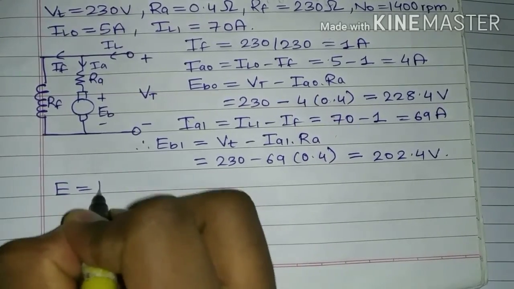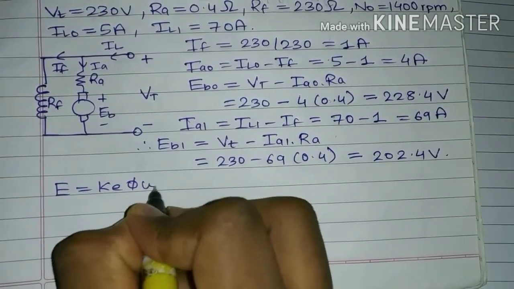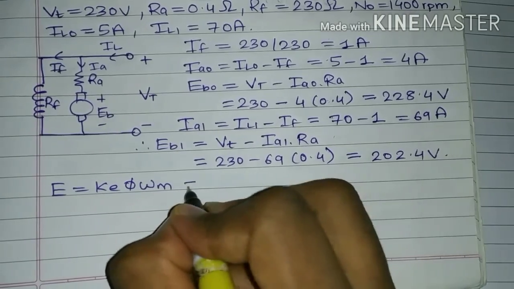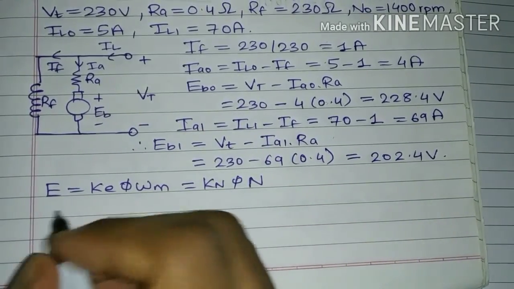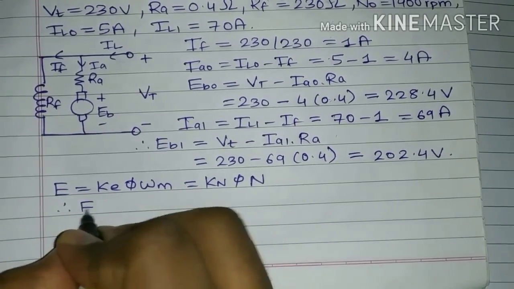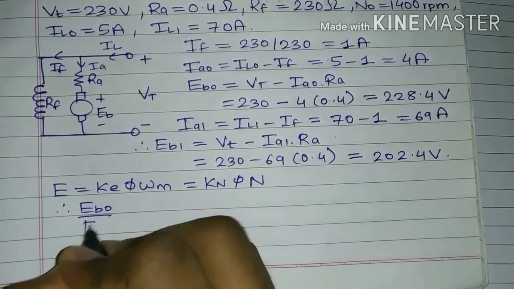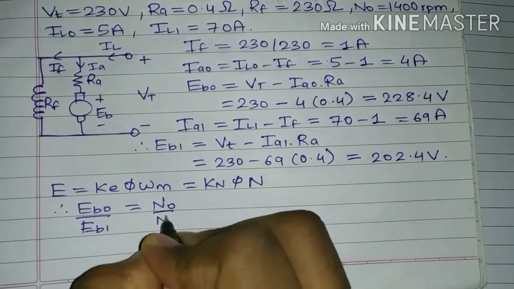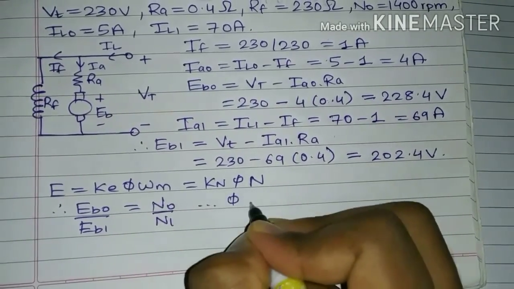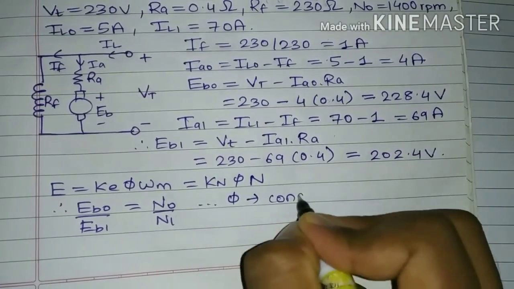We know that the back EMF is directly proportional to the speed, that is E is equal to K into phi into omega m, which is equal to Kn into phi into n, where n is the speed in RPM. Therefore, EB0 upon EB1 is equal to N0 upon N1, as the field flux in a DC shunt motor is constant.